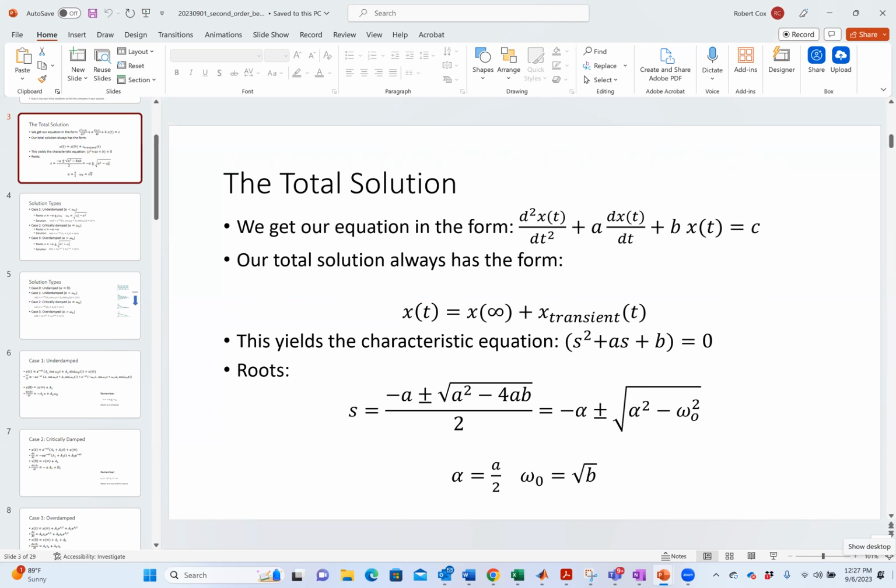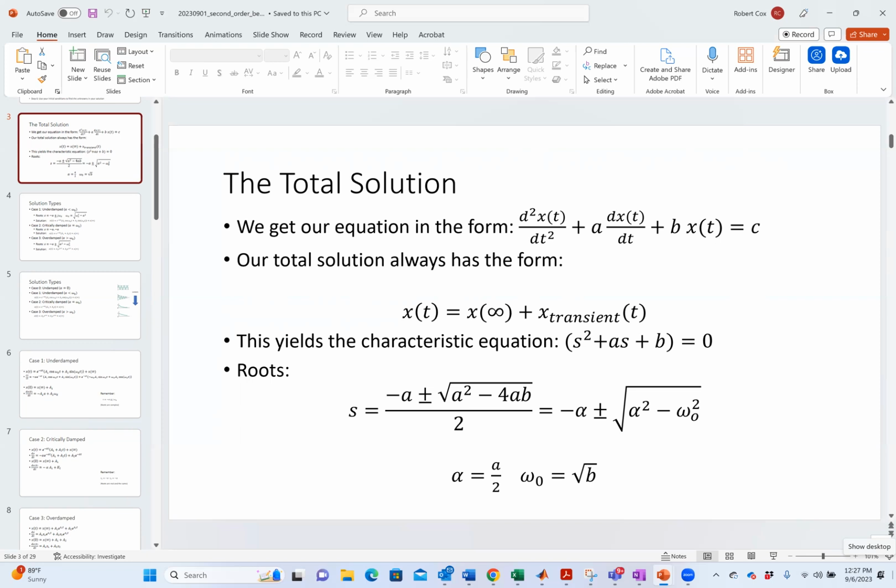Who remembers what I actually have to do? That's the differential equation, it has that form. The transient solution solves this if I set it equal to 0 instead of whatever it's actually equal to, right? That gives us this characteristic equation. We solve for that. The two roots are in terms of that thing.